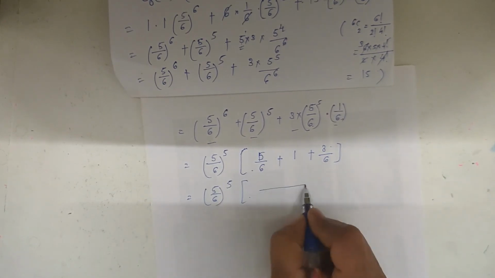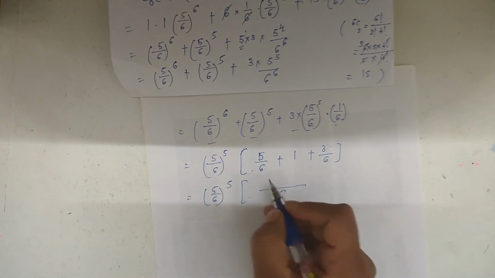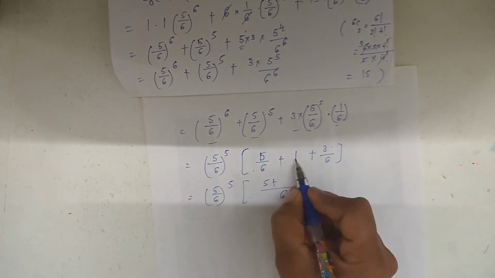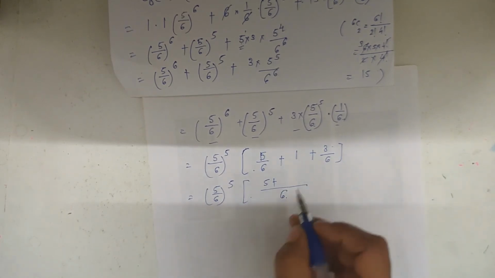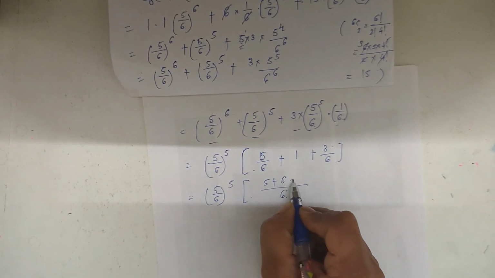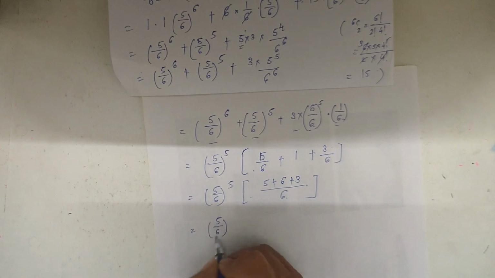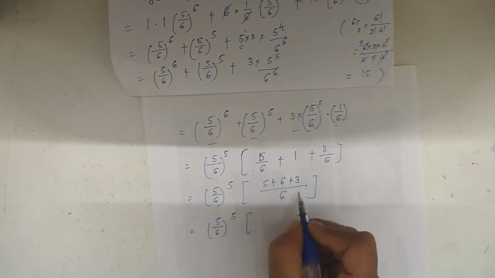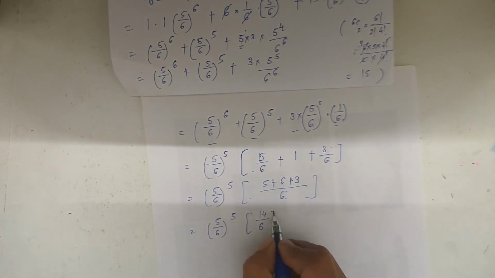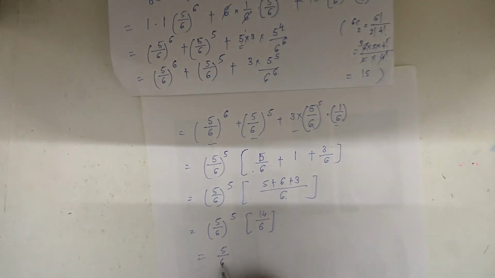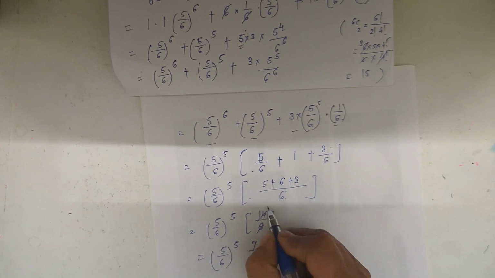Here taking the same denominator 6, then we get 5 plus, multiplying 6 to both the numerator and denominator, 6, plus 3, adding all these terms, 5 plus 6 is 11, plus 3 is 14 by 6, and the shortest form of 14 by 6 is 7 by 3, dividing by 2.